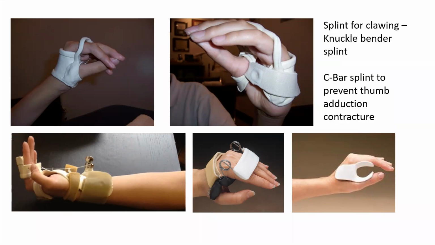There are 2 types of cock-up splint. Dynamic and static. Very good. The static cock-up splint just maintains the wrist dorsiflexion, whereas the dynamic cock-up splint also maintains the fingers and they are held with rubber bands, and the patient can also do exercises using this splint.